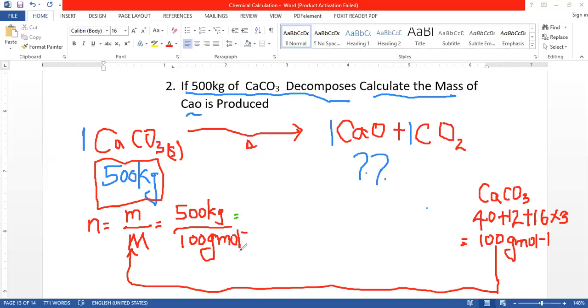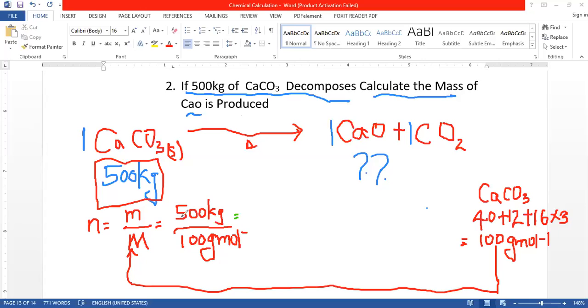When you do physics calculations, something like force equals mass into acceleration, you should change gram into kilogram.